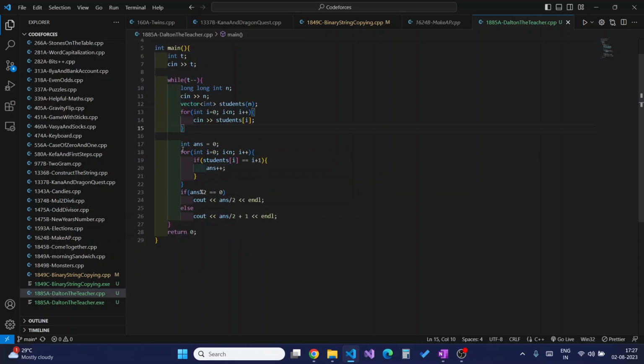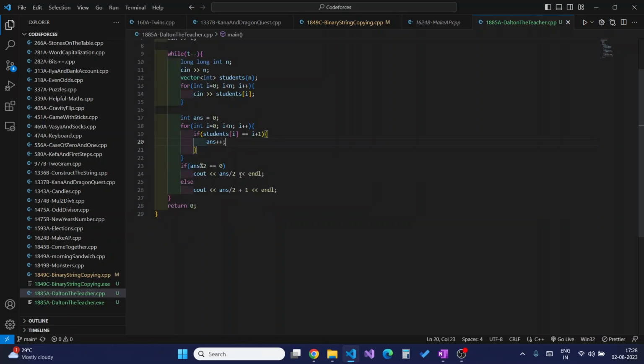Then we will keep an answer variable and loop over the students vector to find if student i is not happy. The complexity of this algorithm is O of n, as one for loop is run n times, and we simply check if the answer is divisible by 2 or not, and we print the answer.